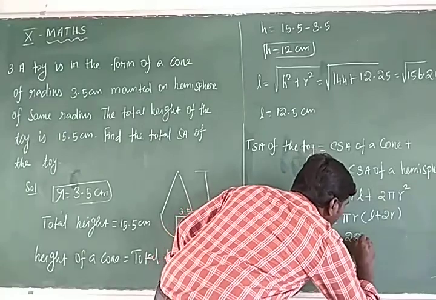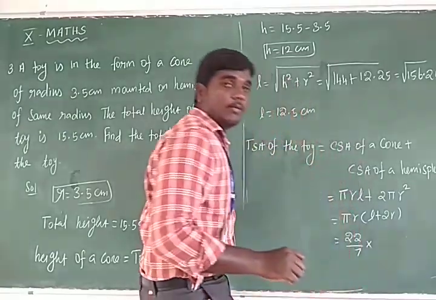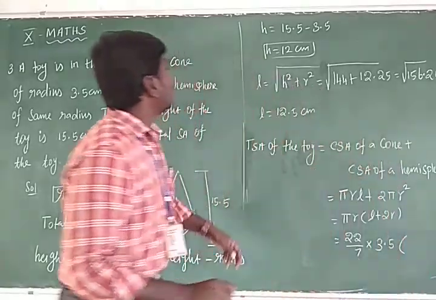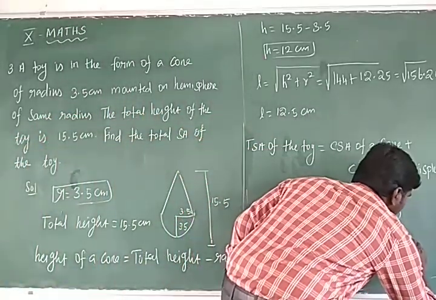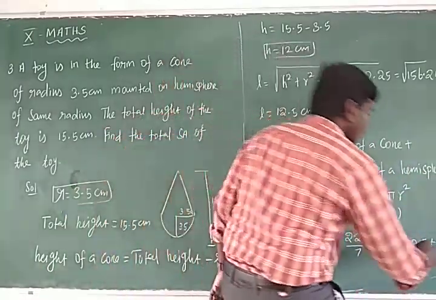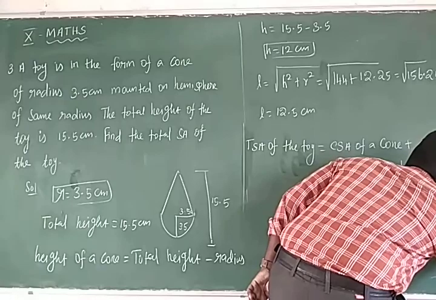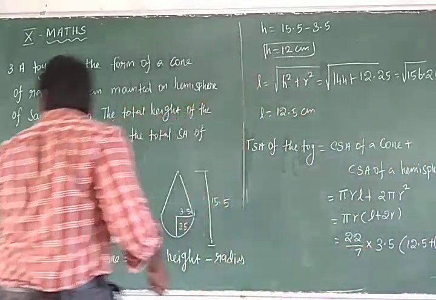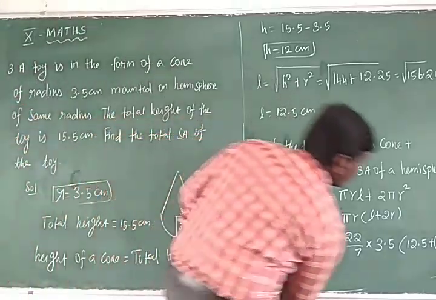Next, substitute the values. Pi value 22 by 7, into r value 3.5, into l value 12.5 plus 2 into 3.5. Copy it here; I think space is not enough.